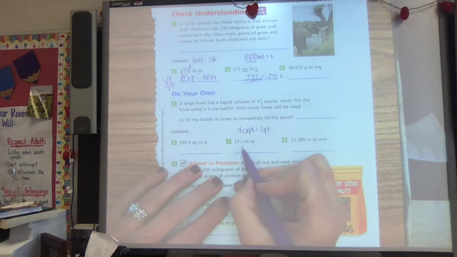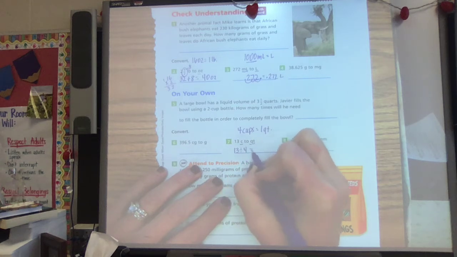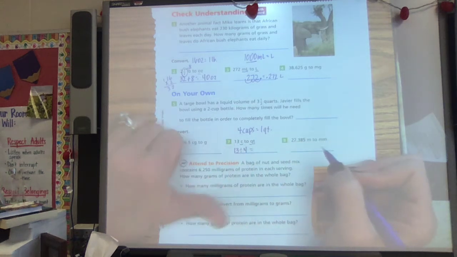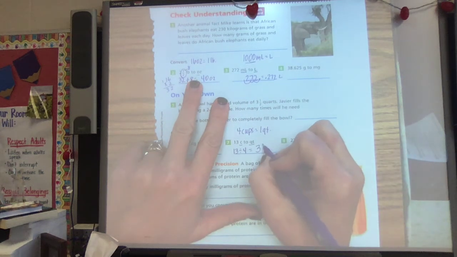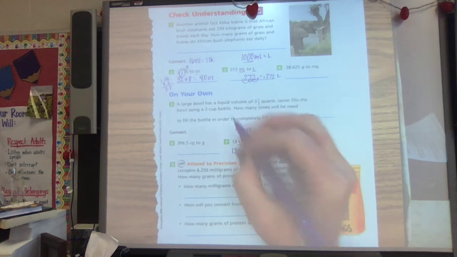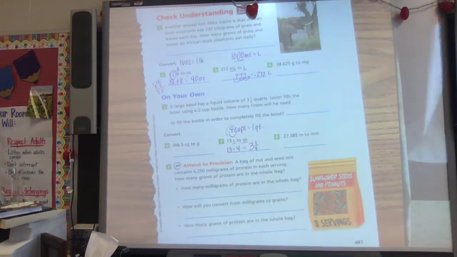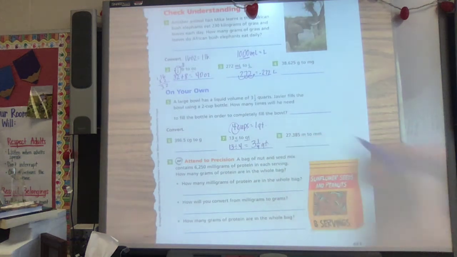So if I'm moving from cups to quarts, smaller to bigger, I'm going to divide by 4. I know 4 will go into 13, 4, 8, 12, 3 whole times, and I've got 1 left over, so that's going to be a 4th because there's 4 in each one. 3 1/4 quarts. Or you could say 3 quarts and 1 cup.